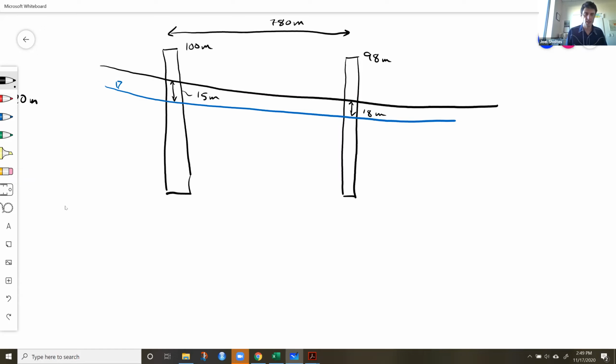All right, so the question posed is going to be: calculate the rate of groundwater flow per unit area.